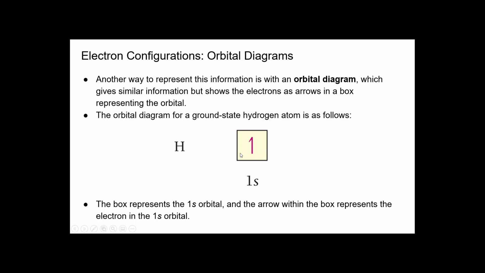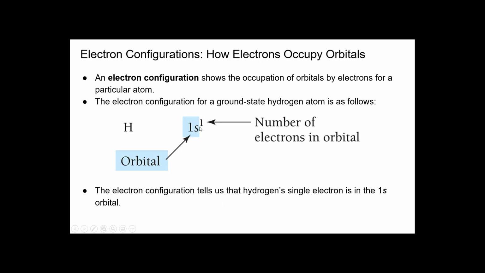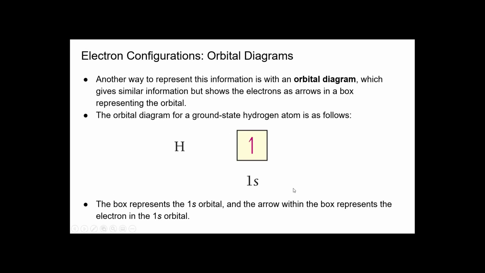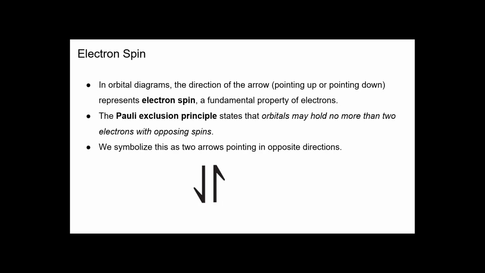This means an electron, and this electron's pointing upwards. So if the electron configuration is 1s1, this also means 1s1 for hydrogen. The box represents the 1s orbital, and the arrow within the box represents the electron in the 1s orbital, and it's facing upward.